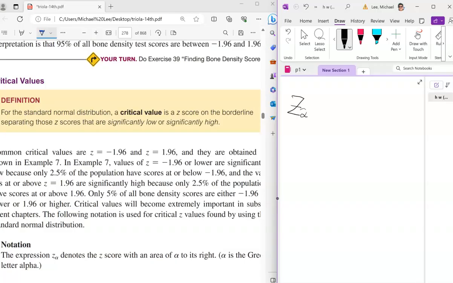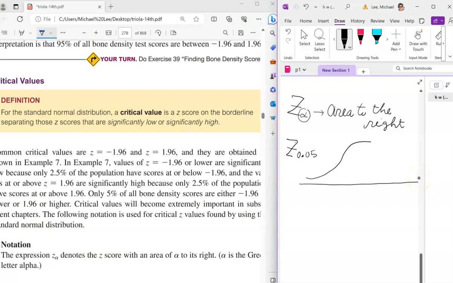Okay? This alpha is the area to the right. In other words, if I say z 0.05, that means this area is 0.05.